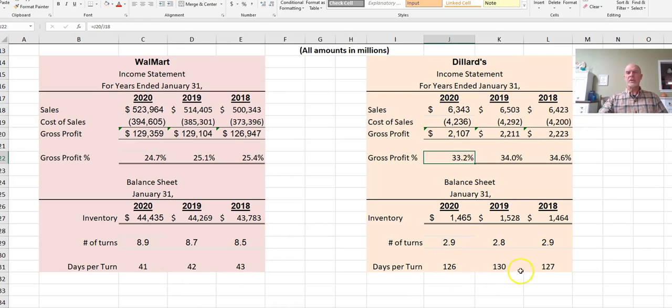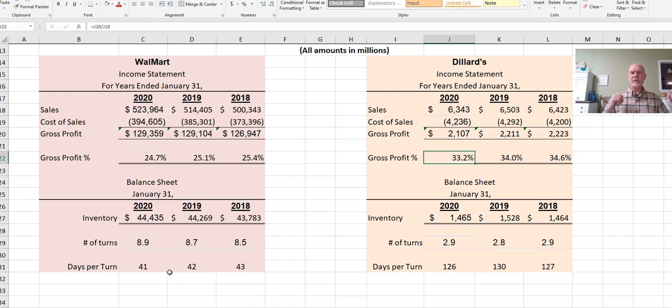So the days per turn is up around 130 days per turn. In other words, that product for Dillard's is basically in their possession for about 130 days before it sells. Walmart's inventory is on hand for just a little over 40 days before it sells.